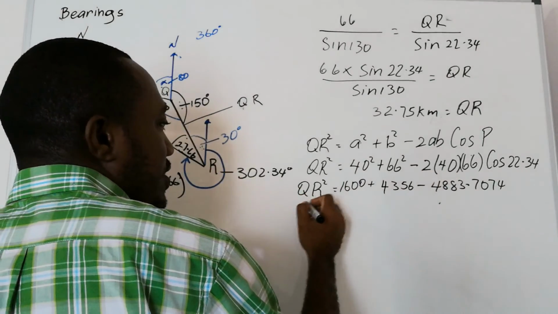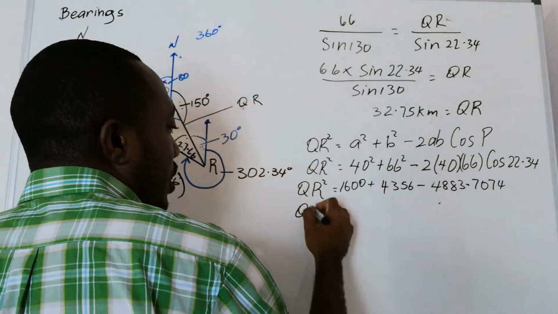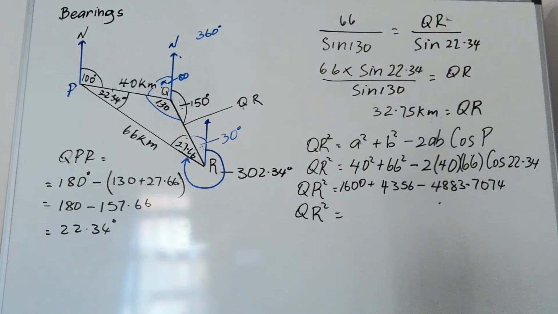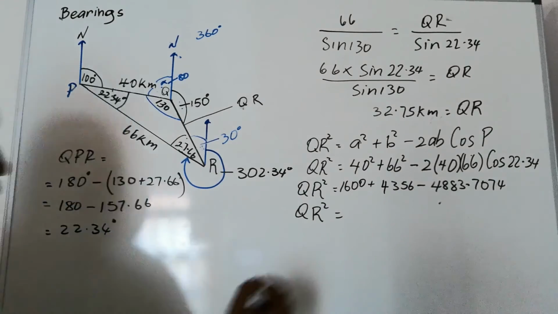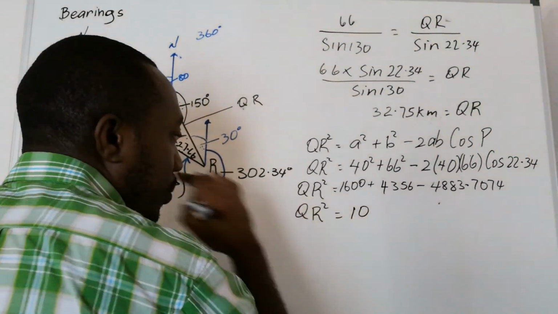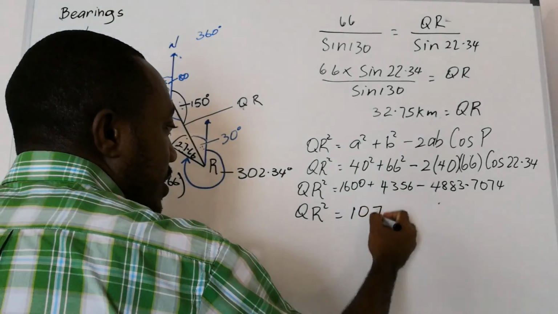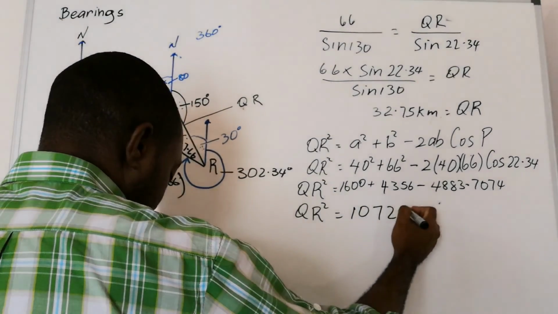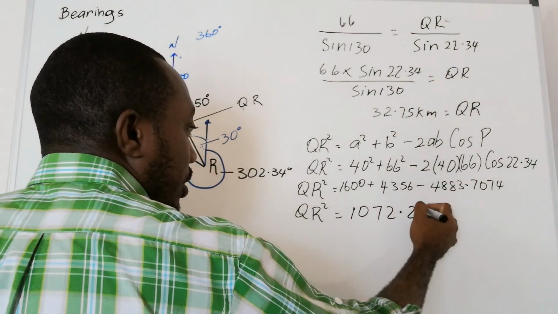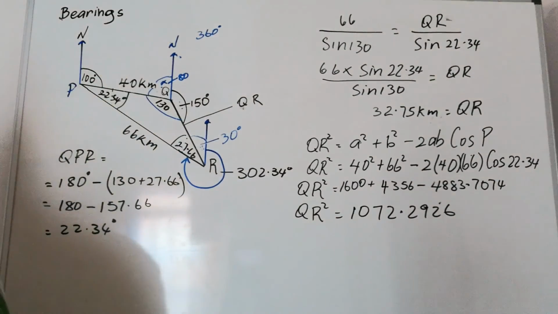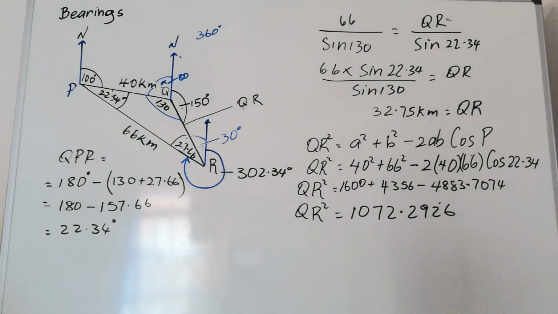So when we work that out, QR squared, what will we have? When we add up, then subtract, we get 1,072.2926. So that is QR squared.